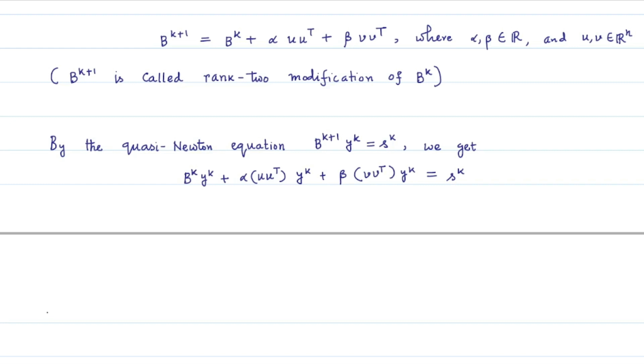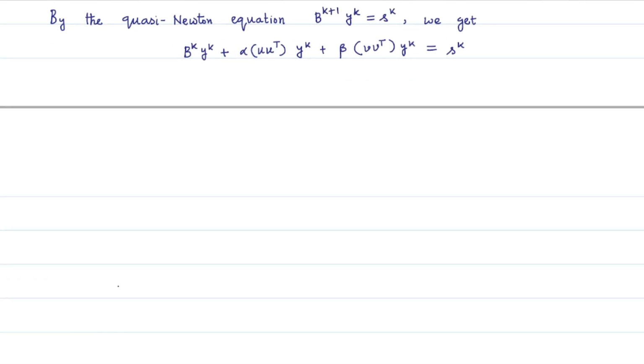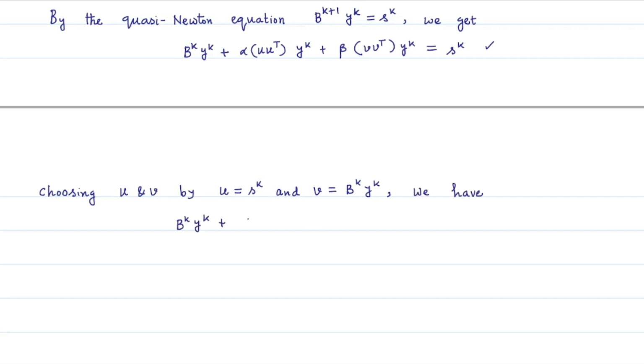So here we go with choosing some value of u and v that would satisfy this equation. We notice that if we choose u is equal to, say, sk and v is equal to bk times yk, we have from this equation that bk yk plus alpha times sk sk transpose times yk.